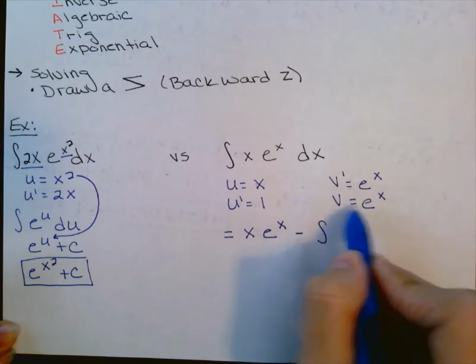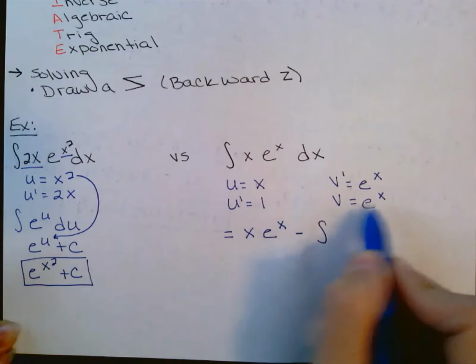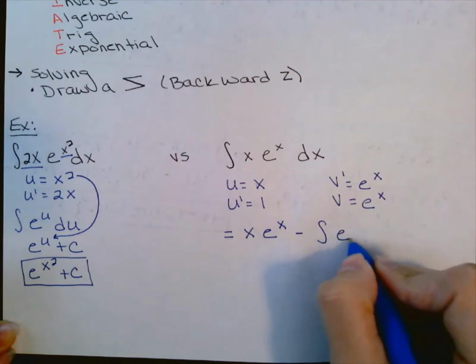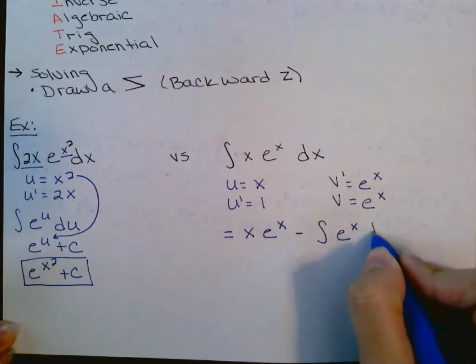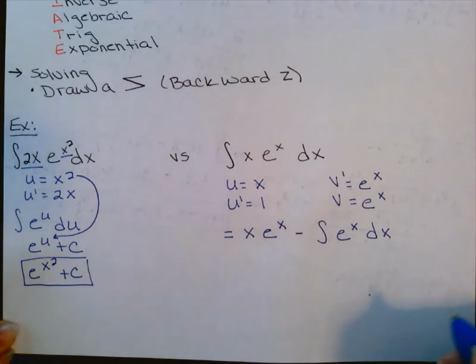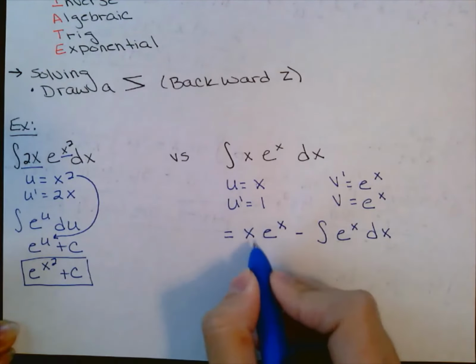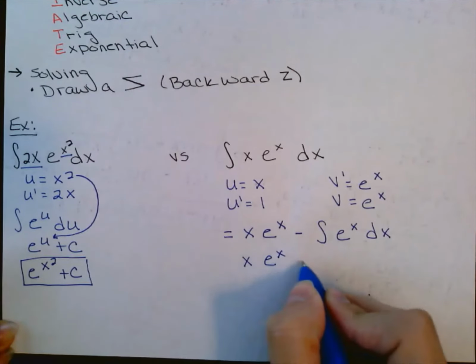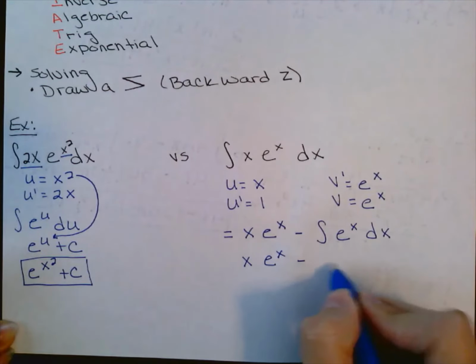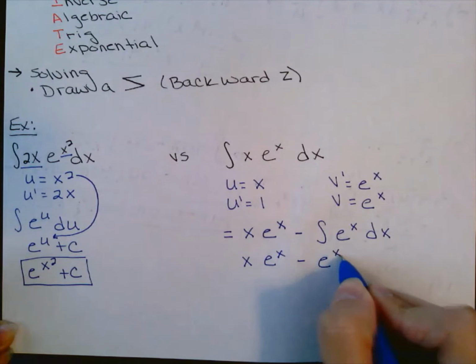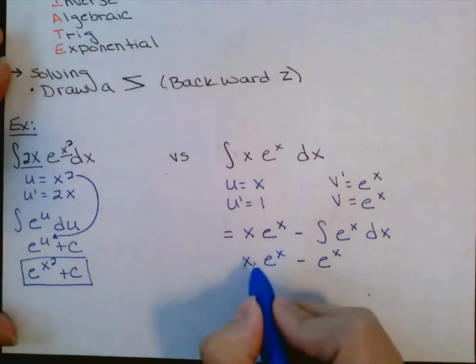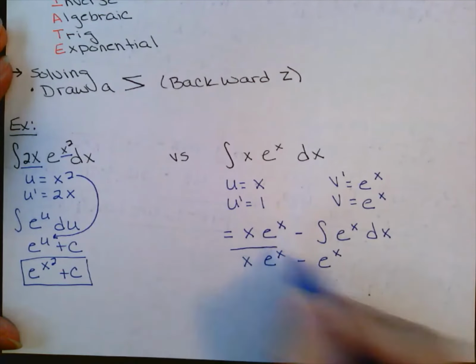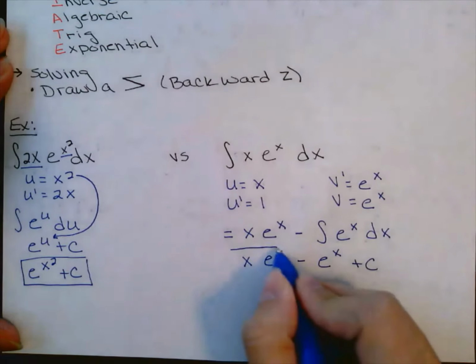The last part of my z is these two being multiplied, e to the x times 1. E to the x times 1 is just e to the x, and I write my notation of dx. This part is already solved. There's nothing to do here. The antiderivative of e to the x is just e to the x. Oh, don't forget here. Look at that, I almost forgot it. Plus c.